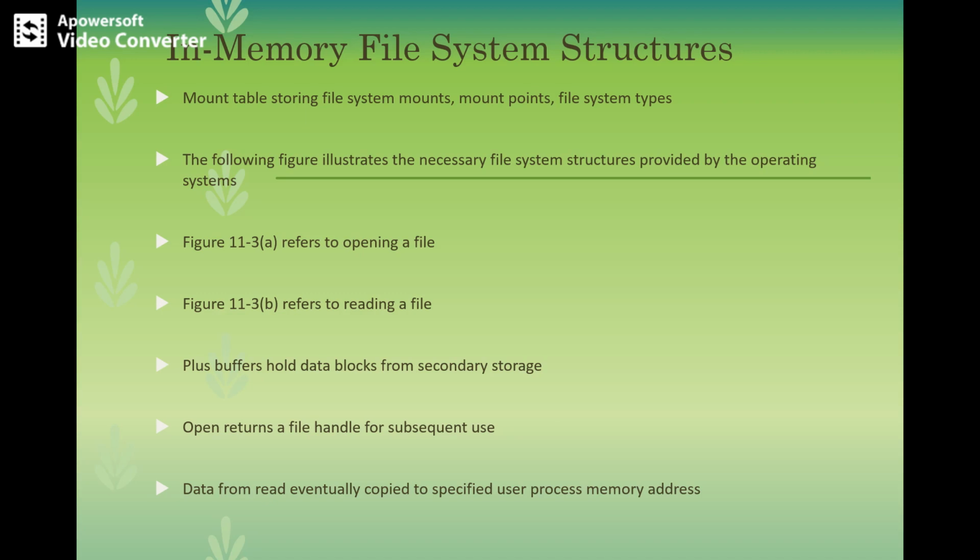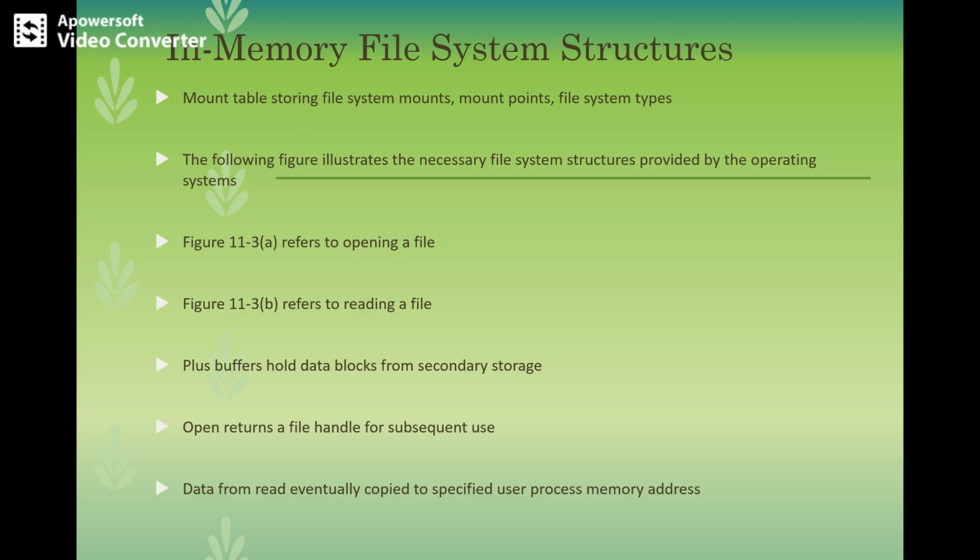So we have certain features which refer to opening a file and reading a file, plus the data buffers which hold those data blocks from secondary storage. There are several structures related to this in-memory partition table. First of all, it contains information about each mounted partition.